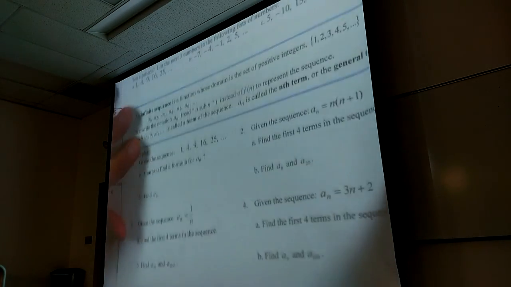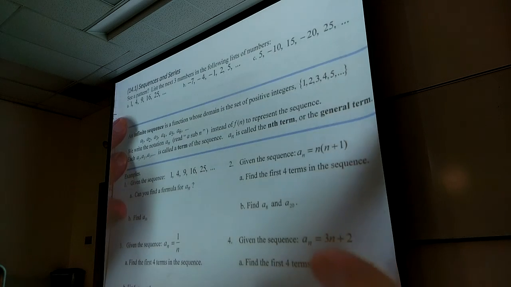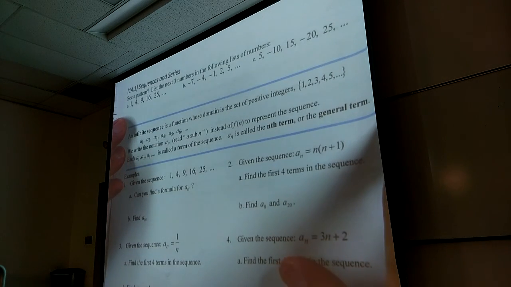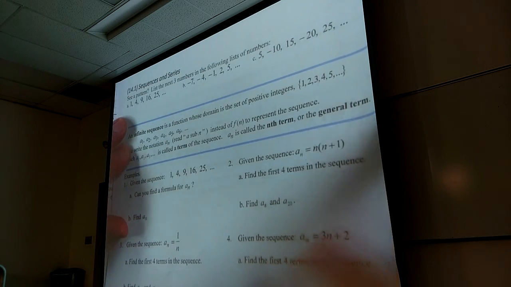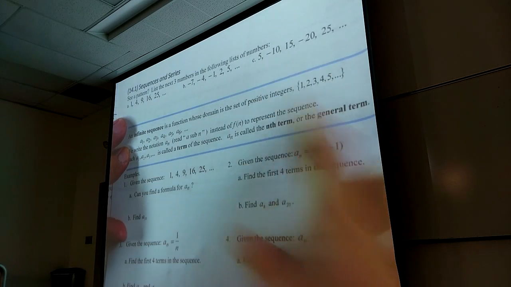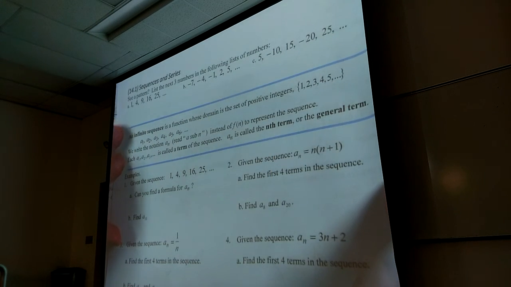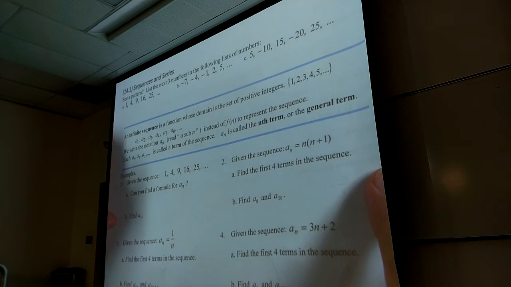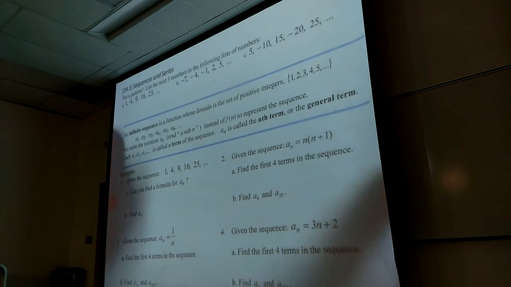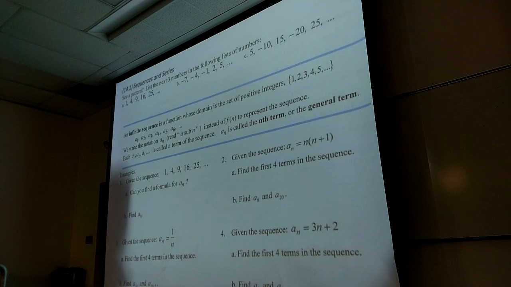So let's flip this over. We're just going to do the first bit of this. You guys try these first 3. Oh, I forgot to do the other sequence. I'll do it in a minute.